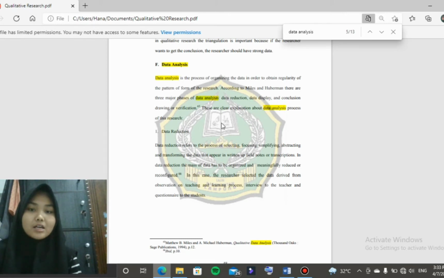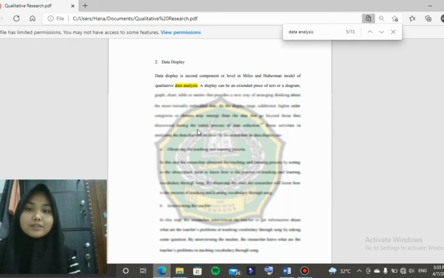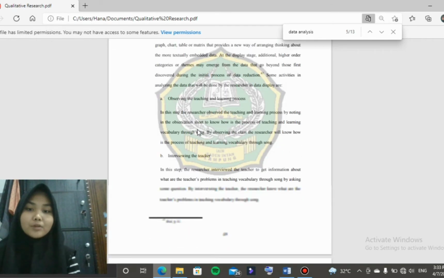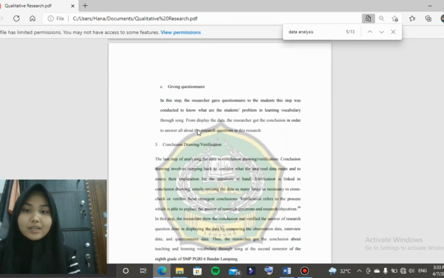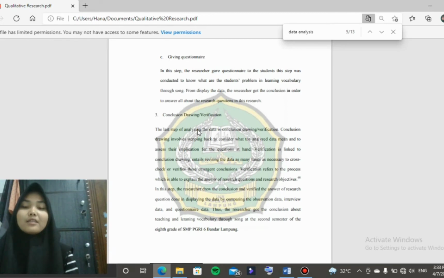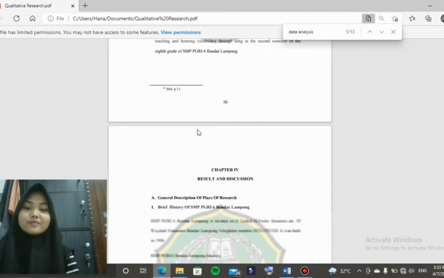Nah, di sini ada penjelasan tentang proses data analisis dalam skripsi ini yang meliputi yang pertama ada data reduction, kedua ada data display yang meliputi observing the teaching and learning process, interview the teacher, and giving questionnaire. And the third is conclusion drawing or verification.